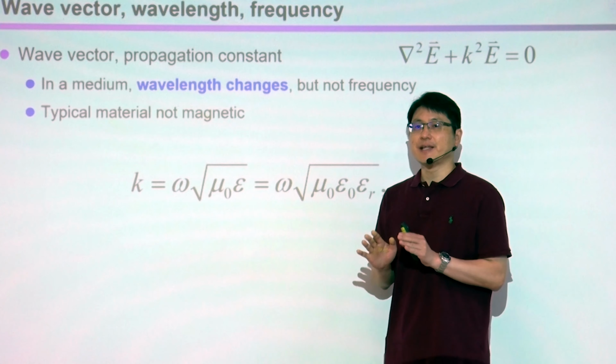But now that you do have conductive current, then epsilon, of course, is now a function of frequency, and it has the real part and the imaginary part. So your epsilon is now becoming a complex number.